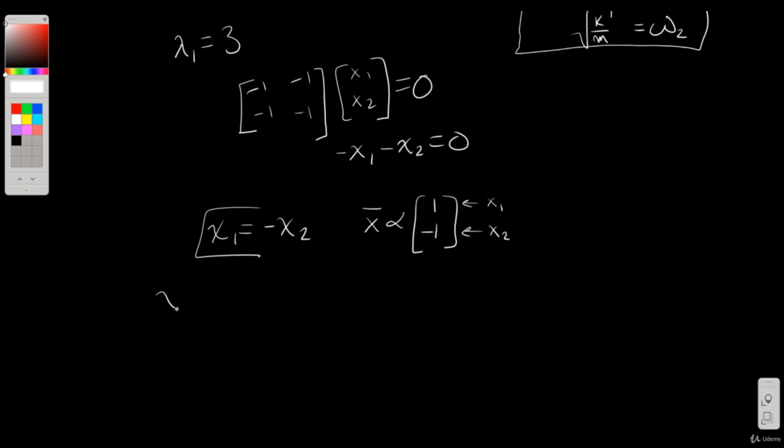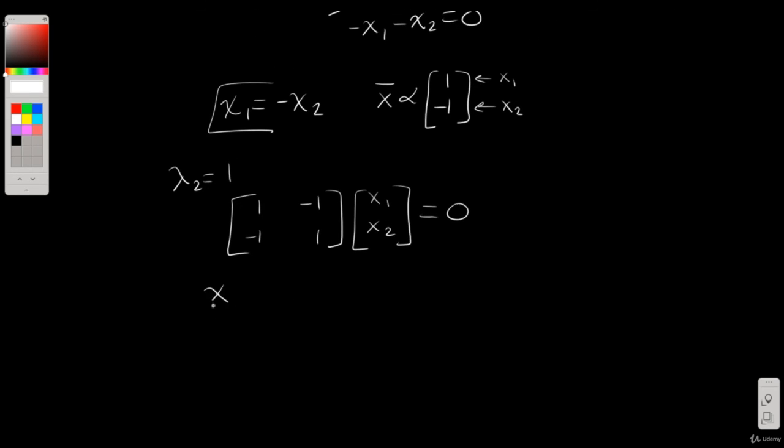And likewise, for lambda 2 is equal to 1, if we substitute this back into the original eigenequation above, we have 1, minus 1, minus 1, and 1, times x1, x2, is equal to 0.